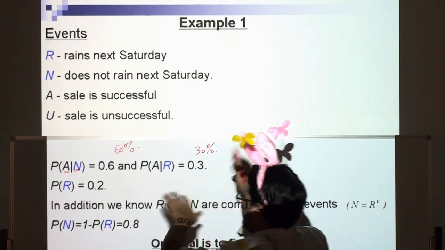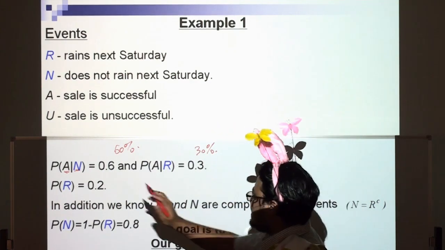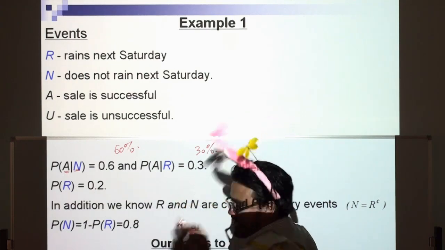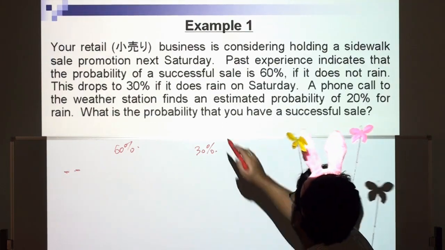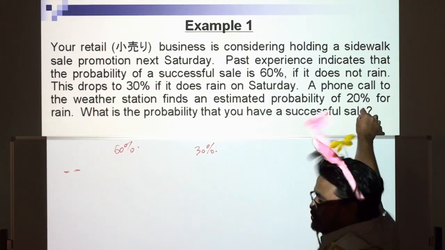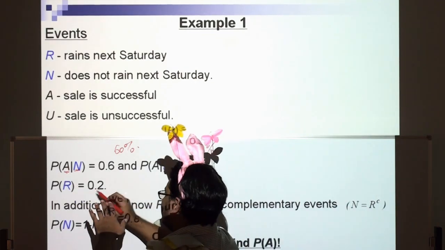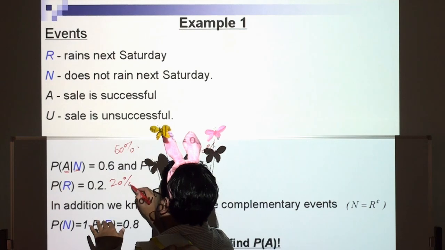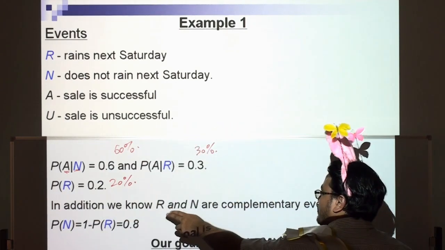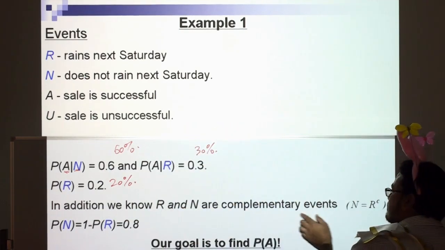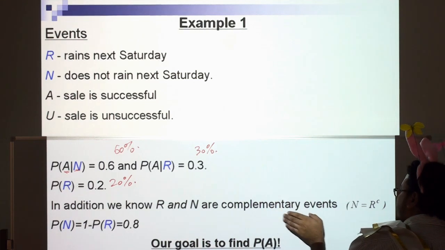Okay, as we showed you on the past slide. Now, what we also know, we were given three numbers: 60, 30, and 20. So we know that the probability of rain on Saturday is 20%. In addition, we know that R and N are complementary events.